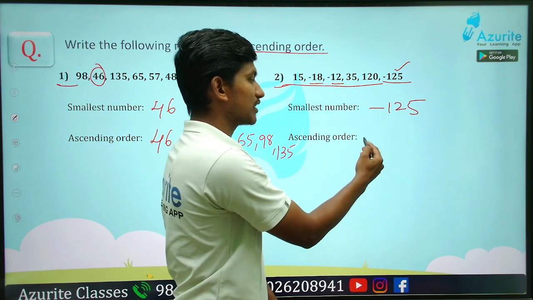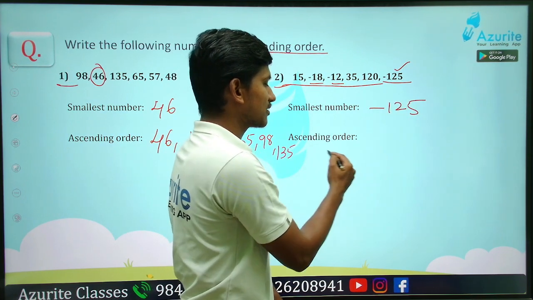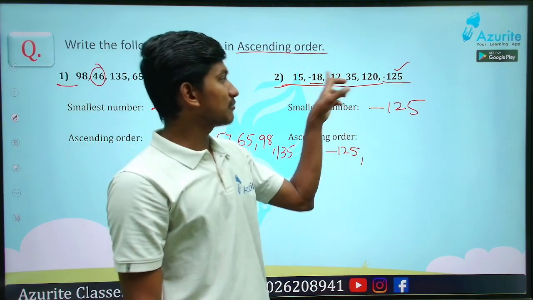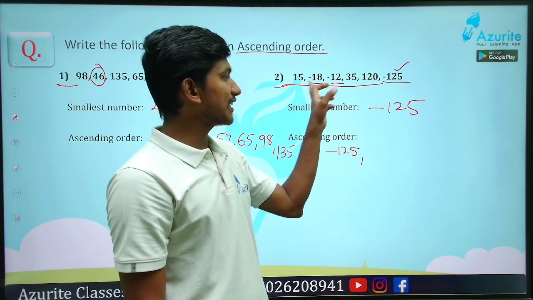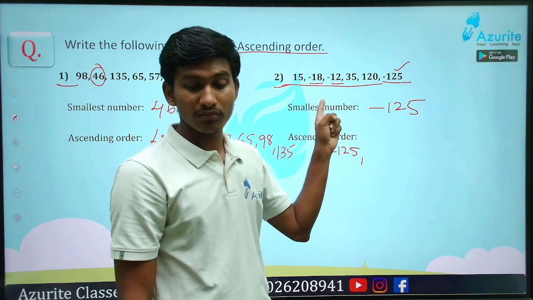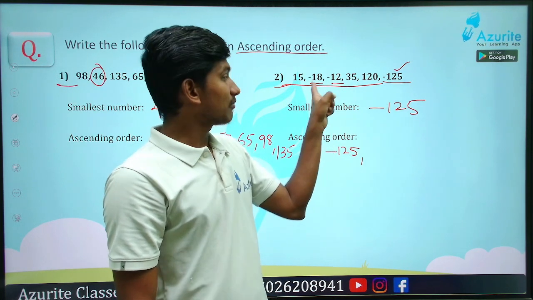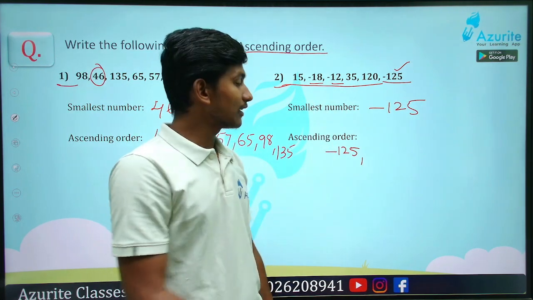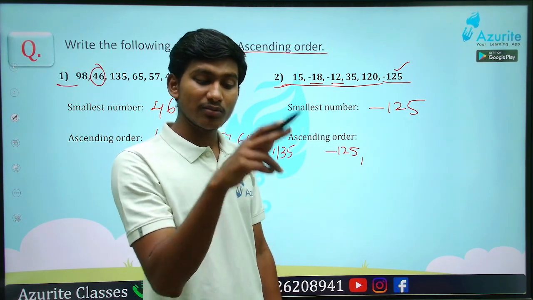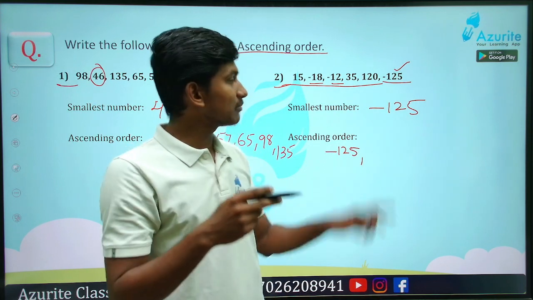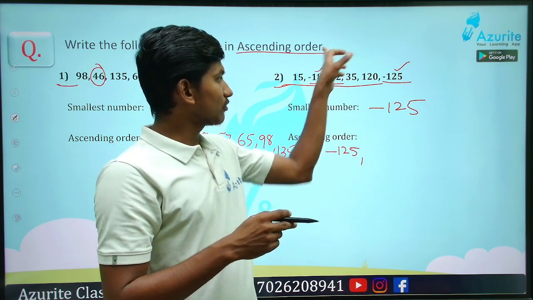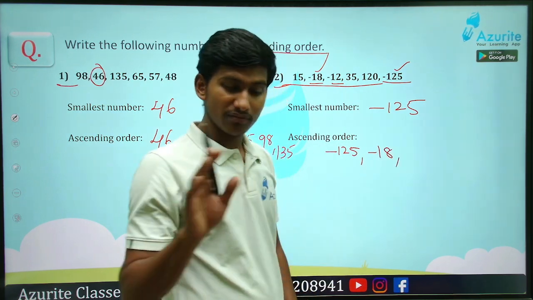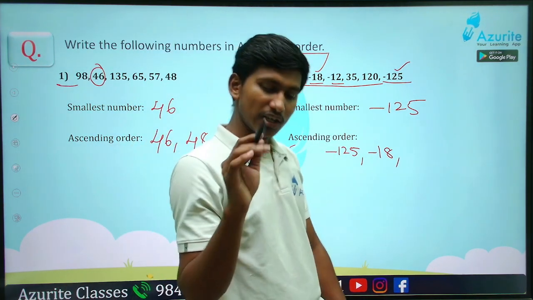So first will be minus 125, comma, how much after that? We have to see the minus first. Minus 18, minus 12. Which will be smaller? In the negative, the bigger number will be smaller.